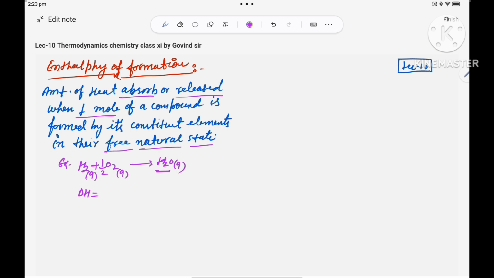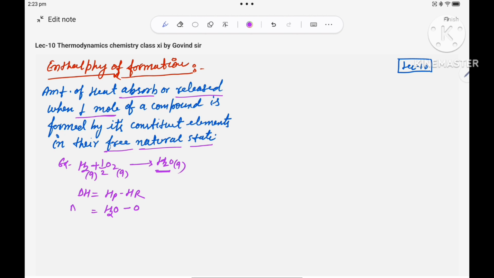In that case, what is the enthalpy of reaction? Delta H is equal to delta HP minus delta HR. HP means enthalpy of product minus enthalpy of reactant. So the product is what? Water, so enthalpy of H2O. The reactants are all in free naturally occurring state, so for hydrogen and oxygen its value will be 0.